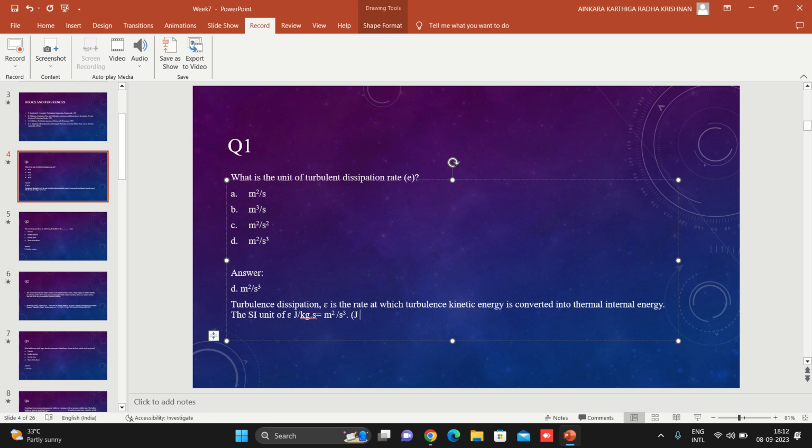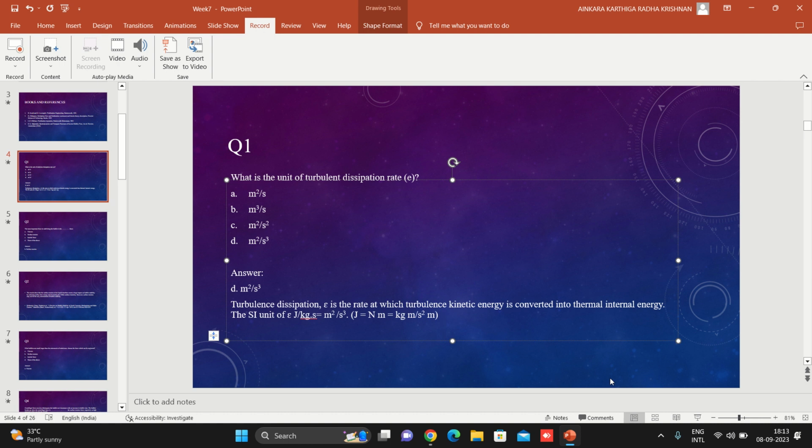Joules is equal to Newton meter. Newton is nothing but kg meter per second square, into meter. So basically what does it mean?